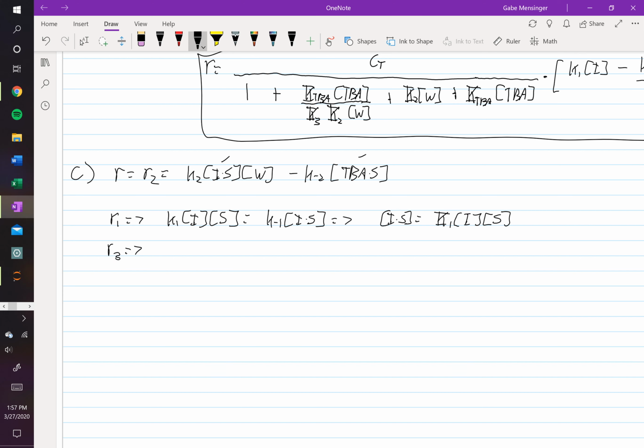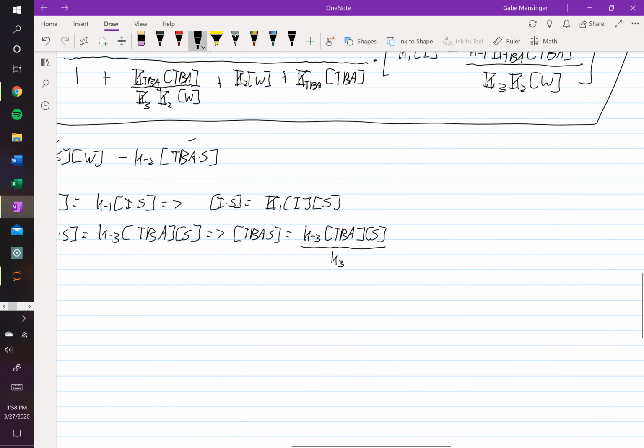From R3, we have that K3 times TBA dot S is equal to K minus 3 times TBA times S. That makes our surface species equal to K minus 3 times TBA times S over K3.